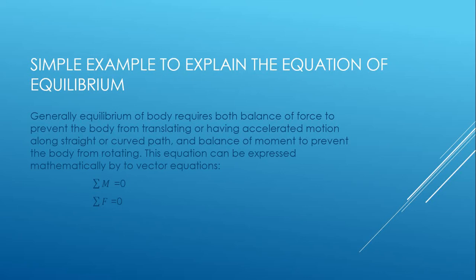To make it simple, generally the equilibrium of a body requires both balance of force and balance of moment. Balance of force is to prevent the body from moving or translating or having accelerated motion, for a straight or curved path.